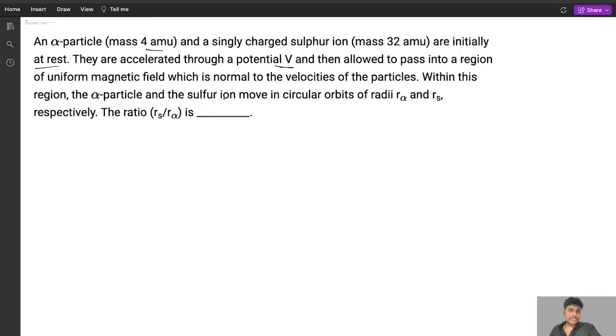The alpha particle and sulfur ion move in circular orbits of radii R alpha and Rs, respectively. Find the ratio of Rs and R alpha. Right? Let's do this question.